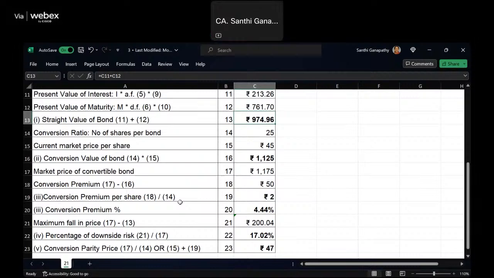Conversion parity price is equal to the price of the convertible bond divided by the number of equity shares into which the convertible bond can be converted.